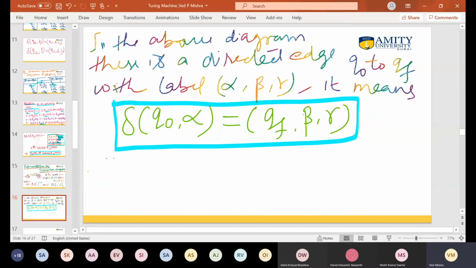What were alpha and beta? Alpha and beta are the tape symbols, and gamma is the direction.